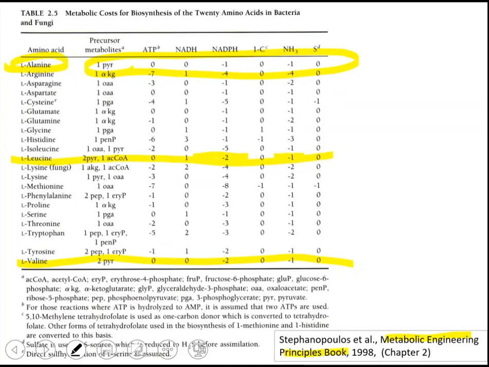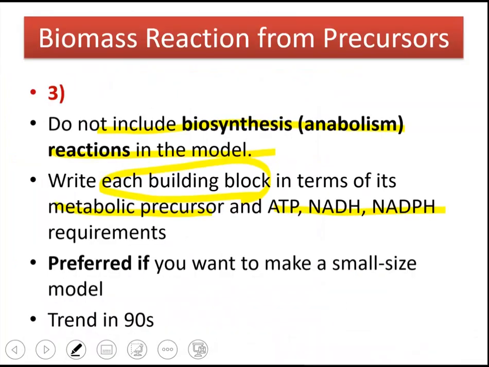So these early models did not include the biosynthetic reactions in the model, and they rather considered this table, how each building block is formed from the metabolic precursors and ATP, NADH, and NADPH, to make a smaller size model. And this was the trend in the 90s, as I said.